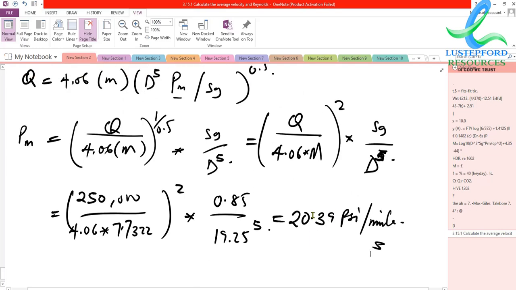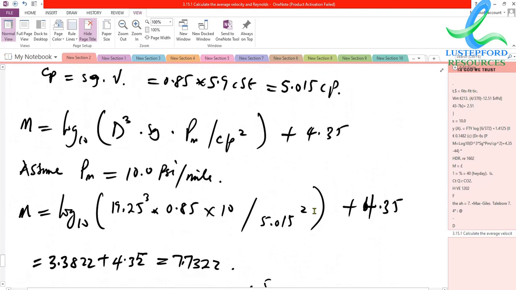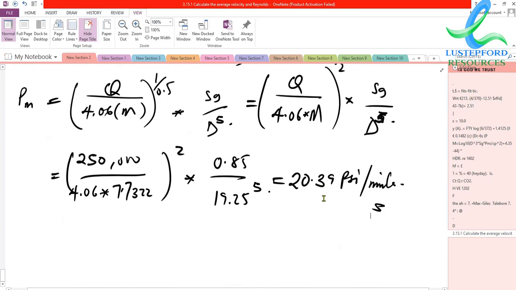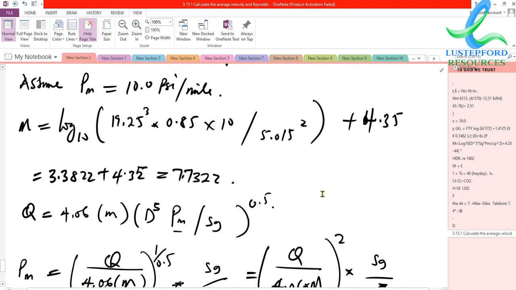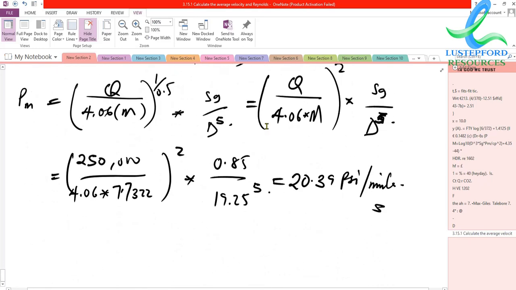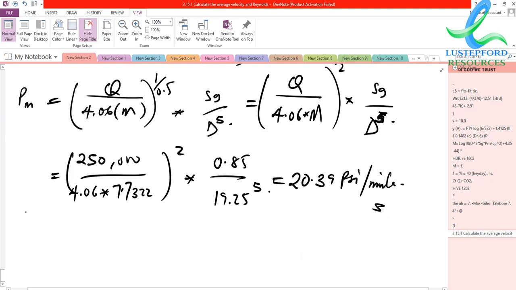This is not the correct answer, because the assumed value, which is 10.0, is not the same as this. So what we'll do, now use this one to calculate our M again. We'll now put this value inside this one to calculate our M.